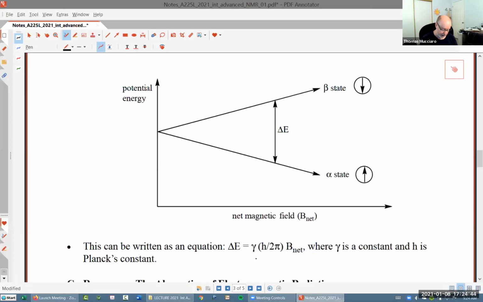This is actually the letter gamma, and it's a constant that is different for every isotope, times Planck's constant divided by 2 pi. And so basically this entire portion right here is actually a constant.